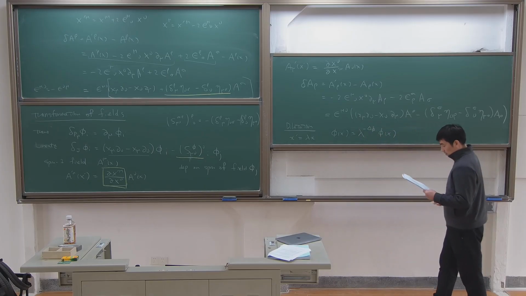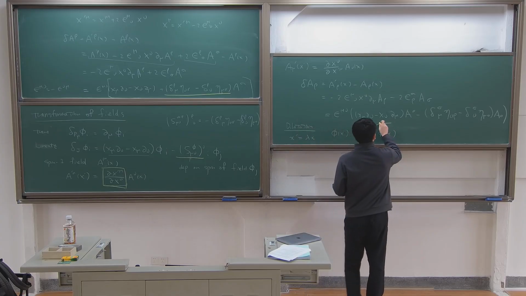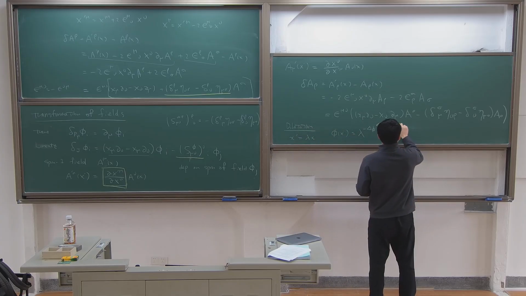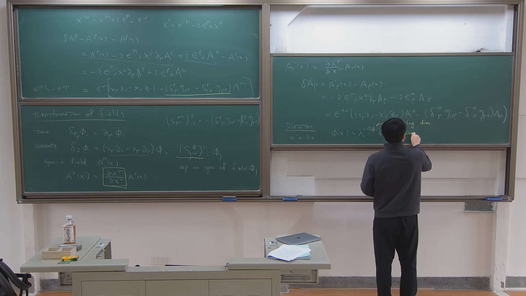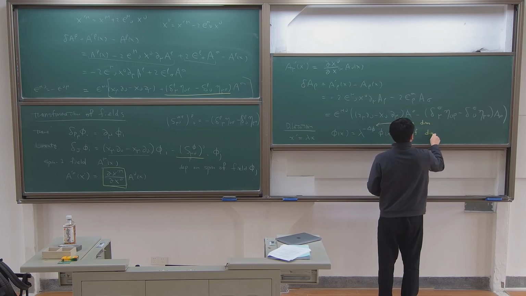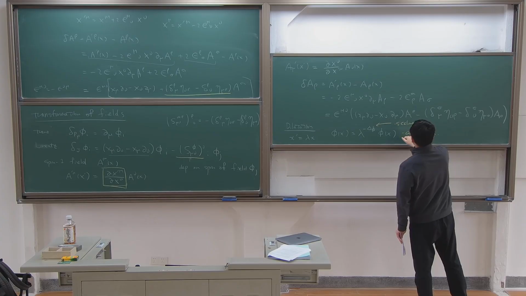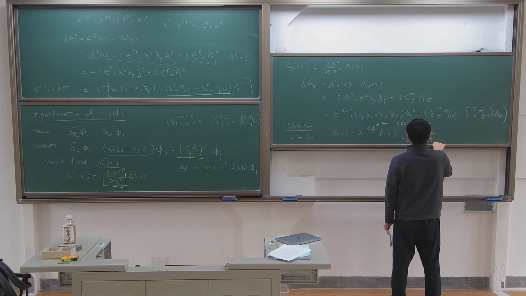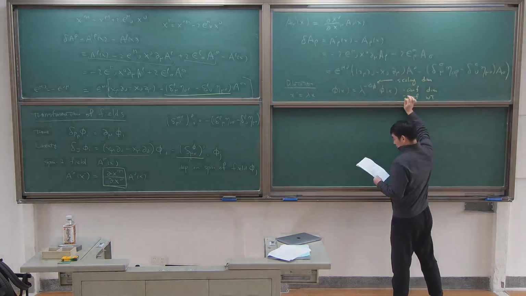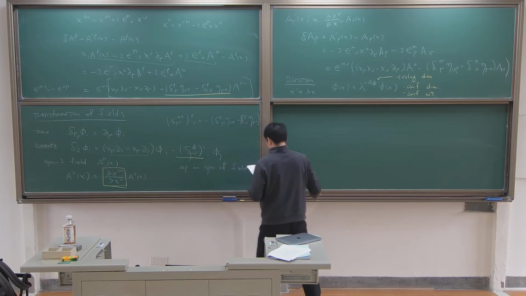And this delta of phi is called the scaling dimension, or conformal dimension, or weight. There are many names depending on the people.